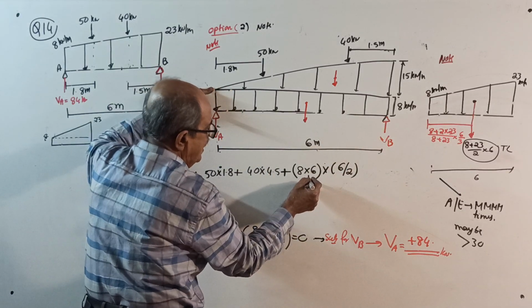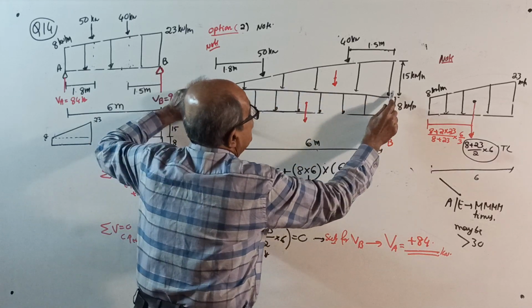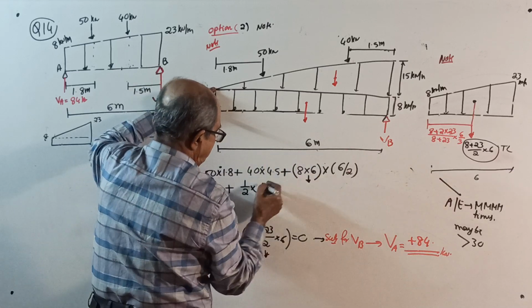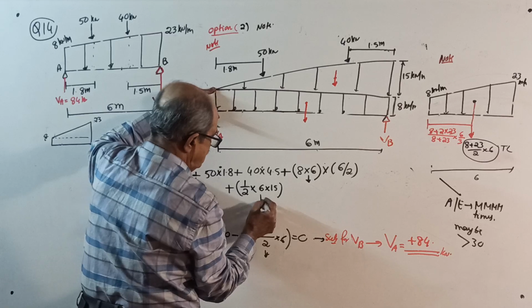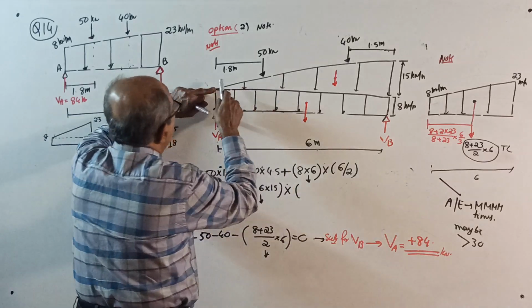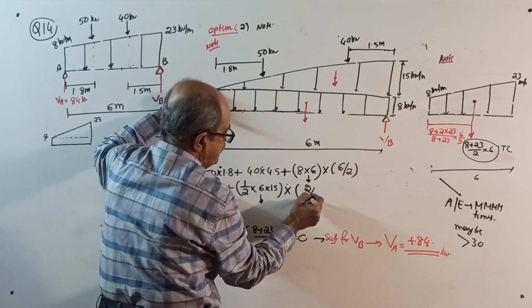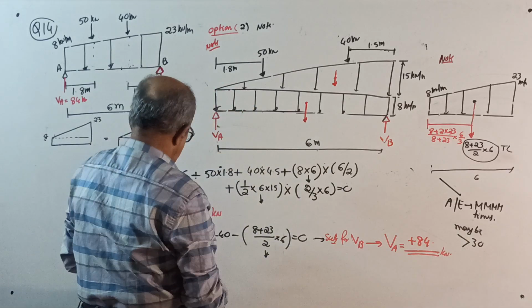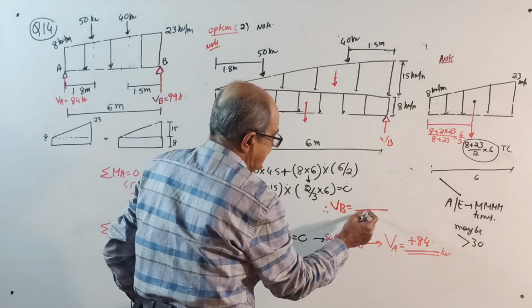This is a total UDL distance plus also this uniformly varying load. Half into 6 into 15 is the total load multiplied by, from here to centroid is 2/3 of 6 equal to 0. You get the value of VB. Therefore, VB will come. Calculate VB.